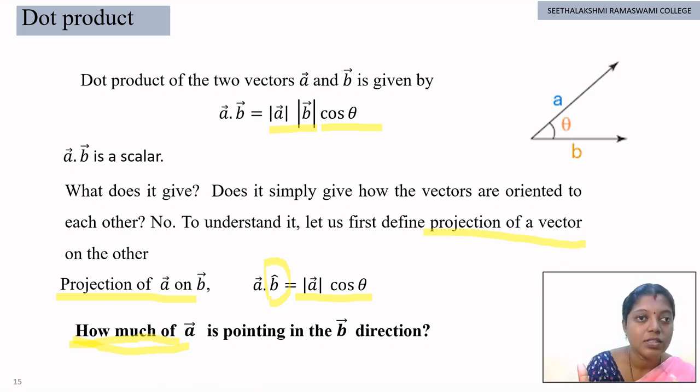So that is the unit vector of b. We do not mind about the magnitude of b, we just concern ourselves with the direction of b. So I represented it here as b hat. So a dot b hat is mod a cos theta, that is the magnitude of a and the orientation of a, how the a vector is oriented with respect to b.